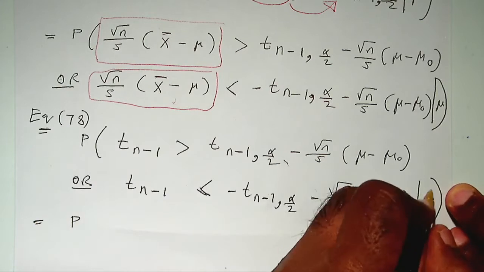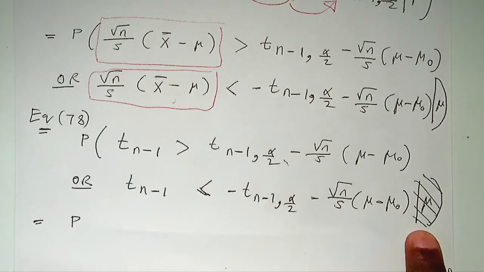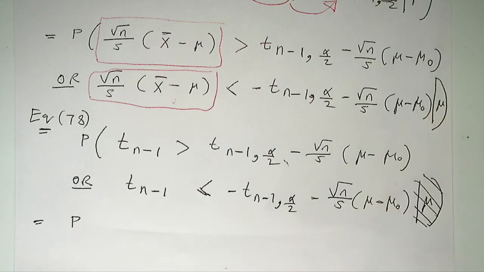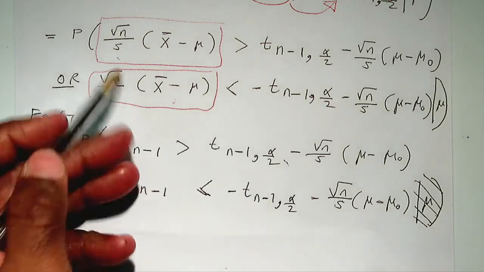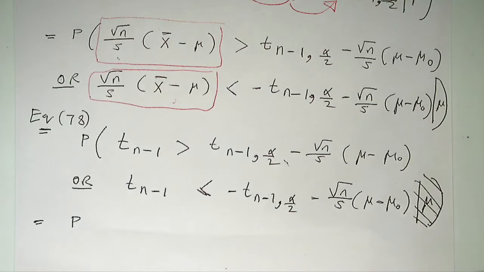By the way, we don't need this conditioning. I shouldn't have put this, because we have made use of the conditioning to argue using equation 78 that this and this have the t distribution. So this conditioning shouldn't appear anyway.